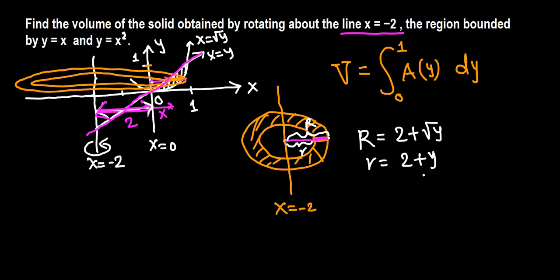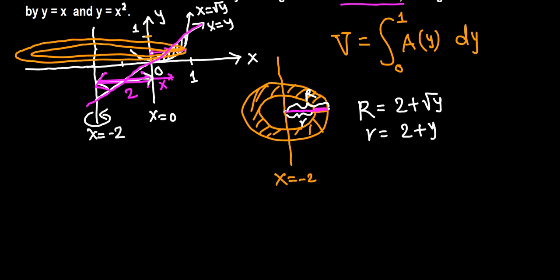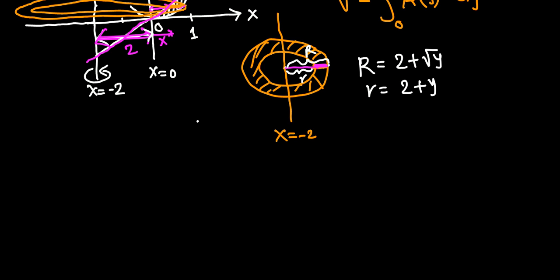Now once we have the outer radius and inner radius, we can find the area of this washer, plug it in there and integrate, and you get the volume. Then the area of the washer is given by, not x, it will be in terms of y, pi R squared, the area of the full circle, minus the hollow inside, so we need to subtract pi r squared.